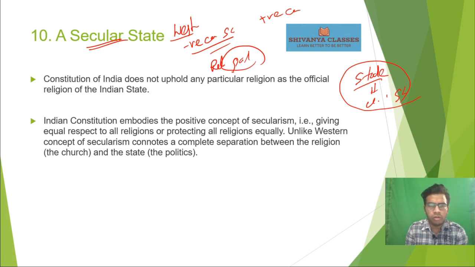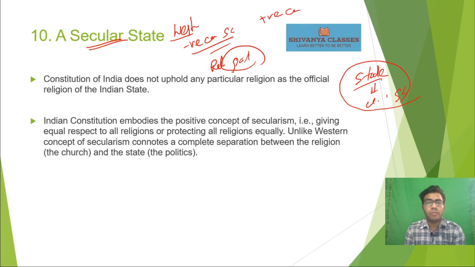Church means religion. Okay. So church is the governing body of Christianity. So there is a complete separation. But we say not like this. We say we treat everyone equally. Every religion has equal rights. We treat equally. This is one difference between Western form of secularism and Indian form of secularism.